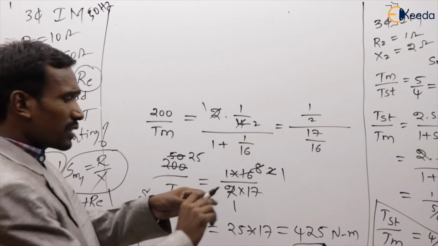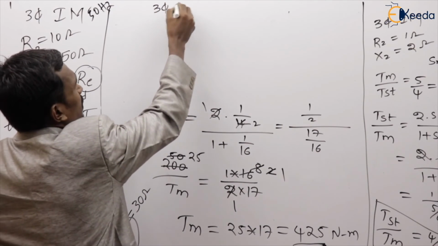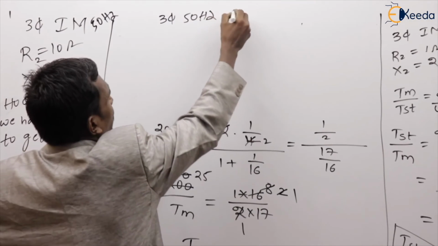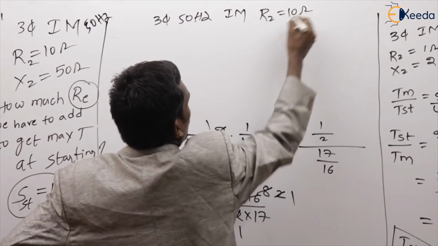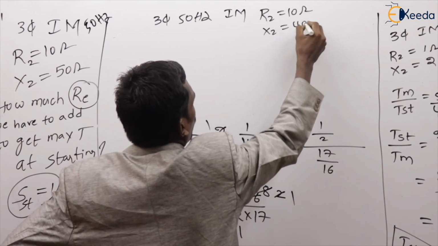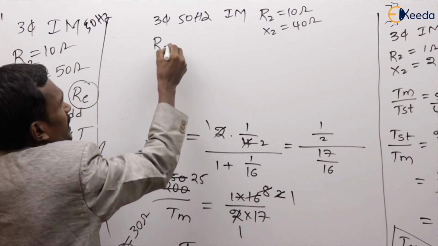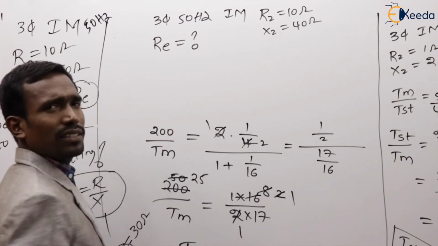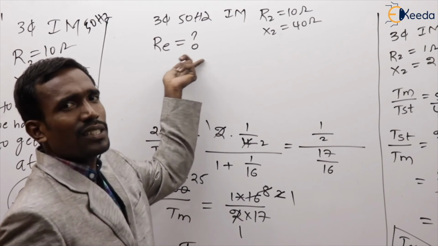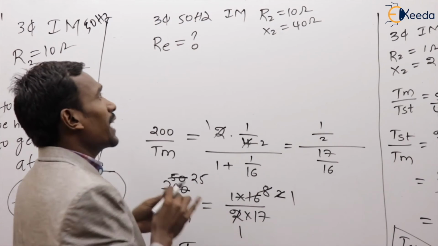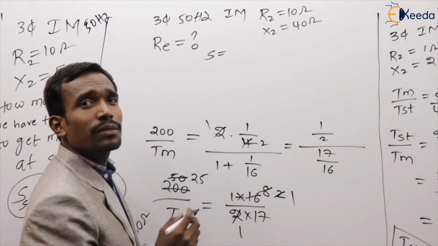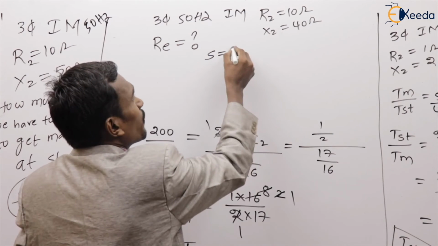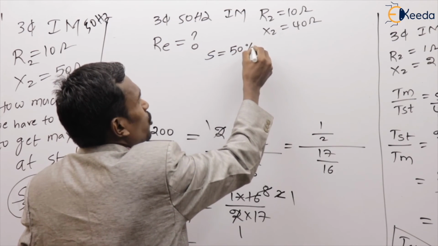Same question: a three-phase 50 Hz induction machine, rotor resistance 10 ohms and rotor reactance 40 ohms. How much extra resistance do we have to add to get maximum torque at 50% slip?